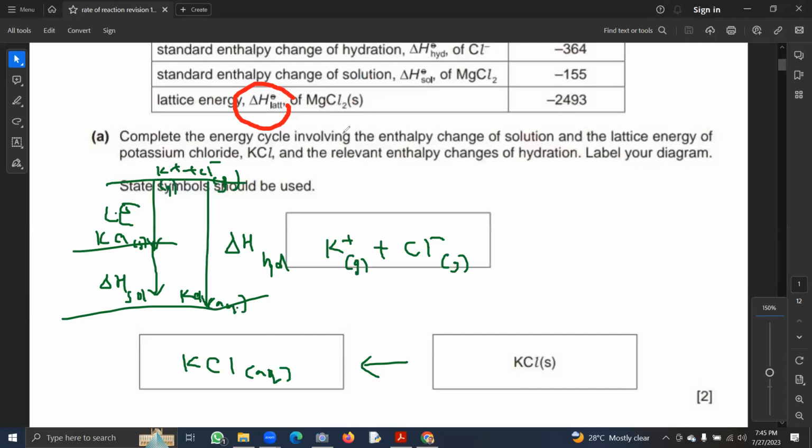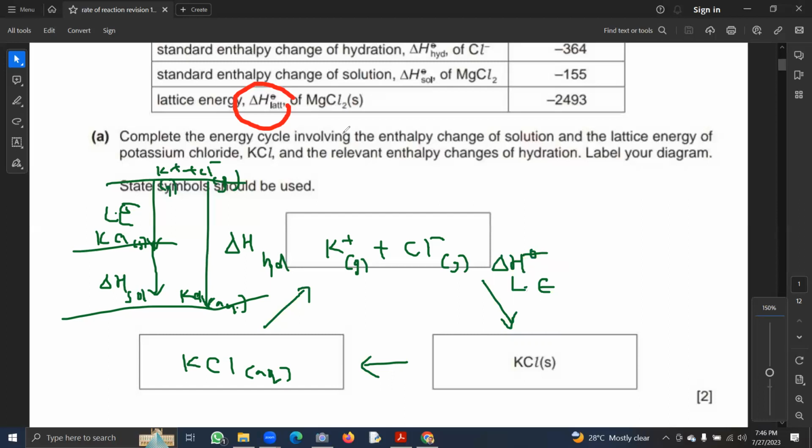KCl, okay. If you put the arrow that way, you have to write a minus. Put the notations. Yes, their notation we have used.